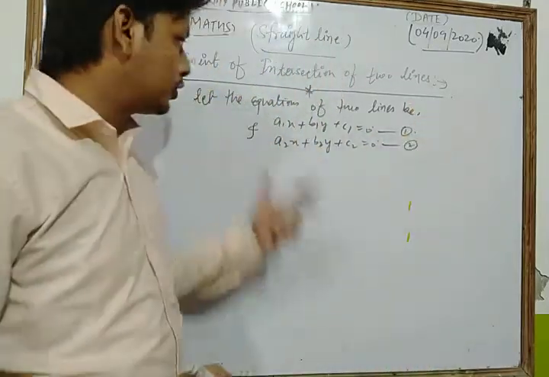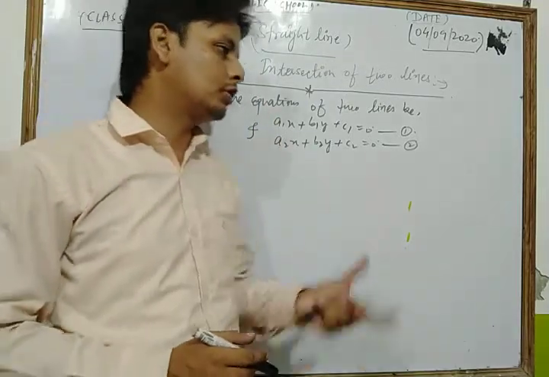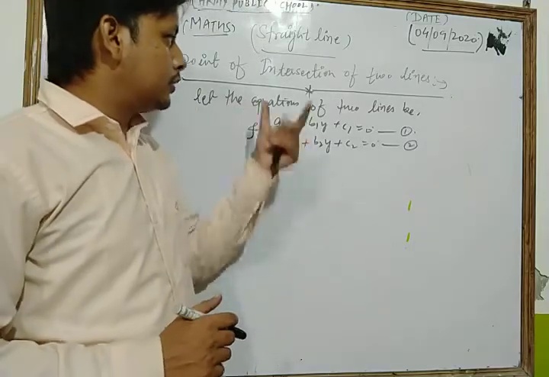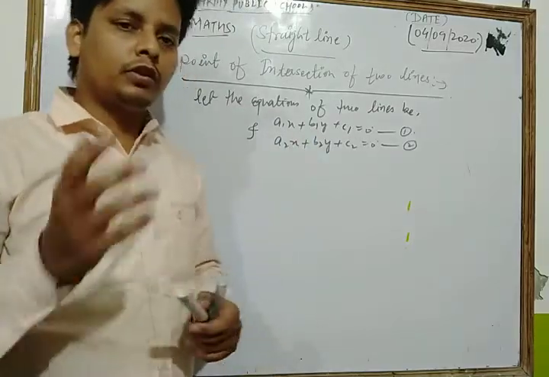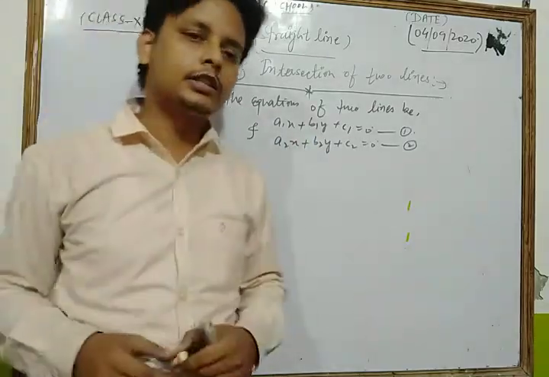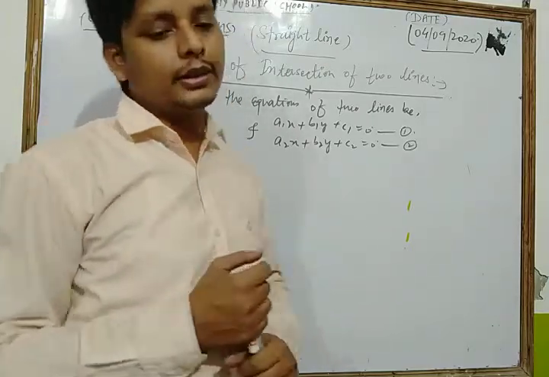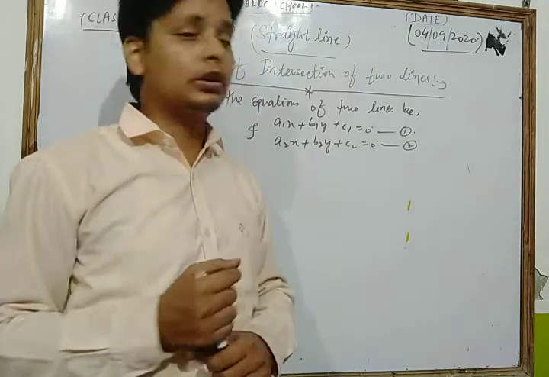Dear student, we discuss the topic of the point of intersection of two lines. In order to discuss it, first of all we take the equations of two lines: the first equation is a1x plus b1y plus c1 is equal to 0, and the second equation is a2x plus b2y plus c2 is equal to 0.